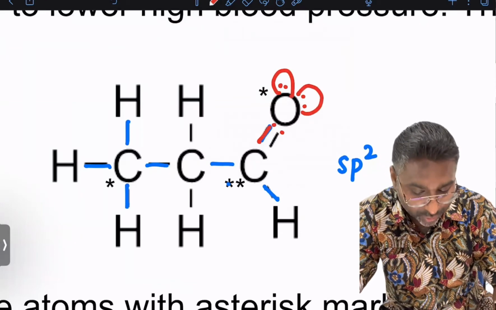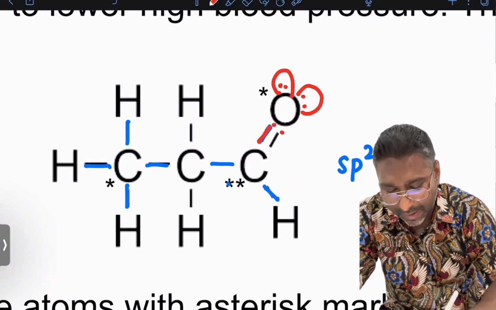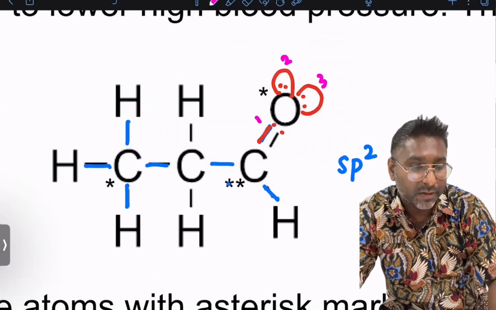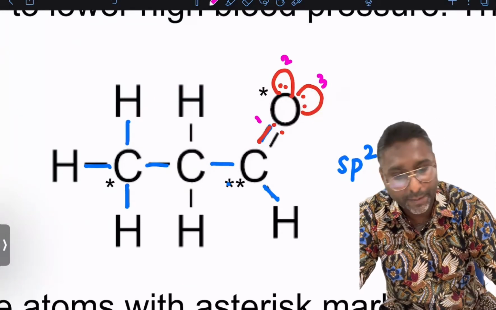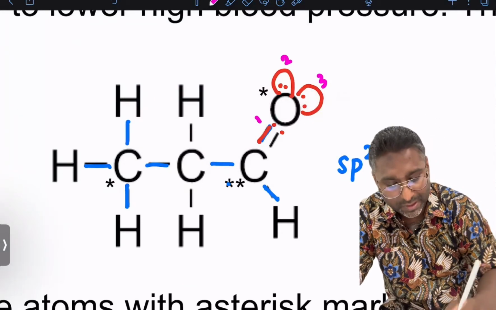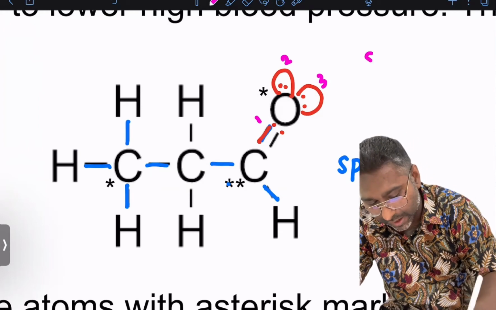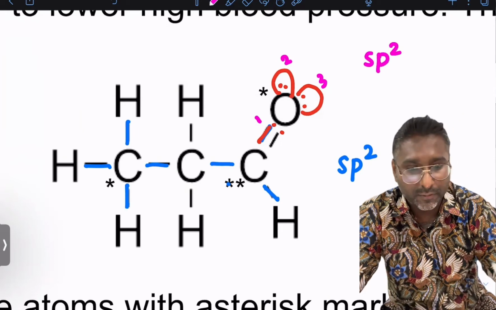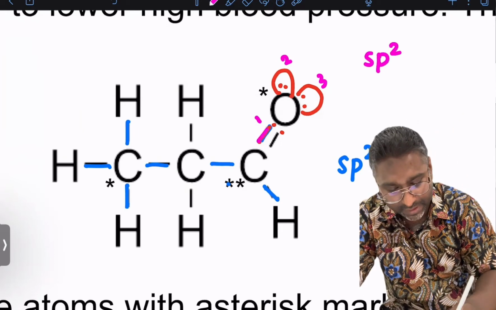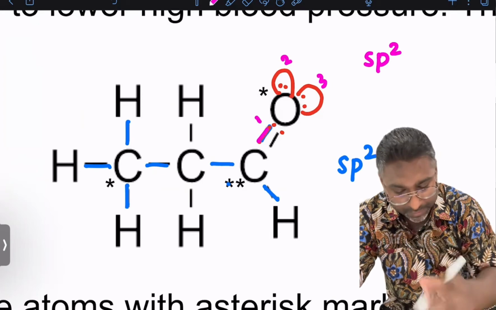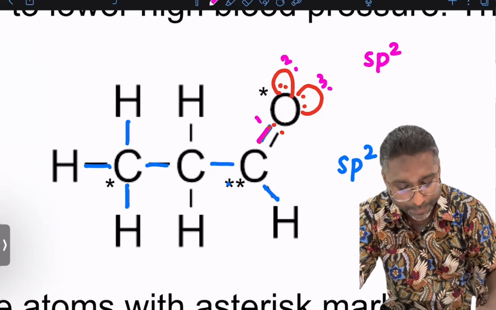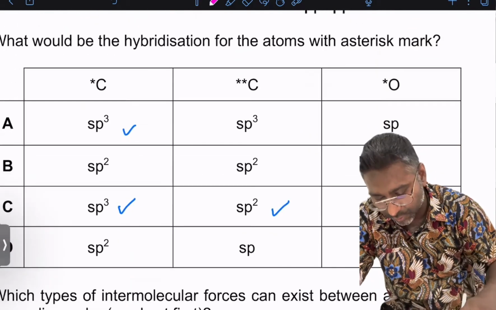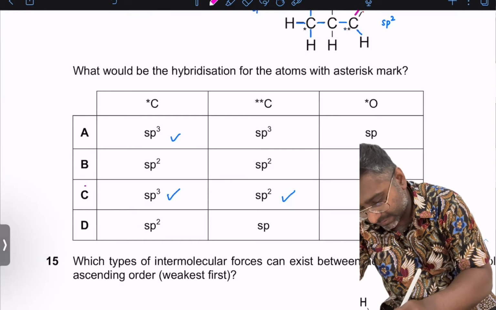So total how many orbitals are we dealing with? 1, 2, 3 orbitals. Ignore the pi bond. So what kind of hybridization are we talking about? sp2 again, 1s and 2p. So 1s maybe for this, and the remaining 2 sp orbitals will be for these 2. Do remember how I taught you on this. So this one will be sp2, and the answer is going to be C for this.